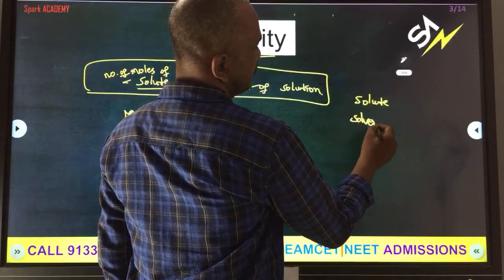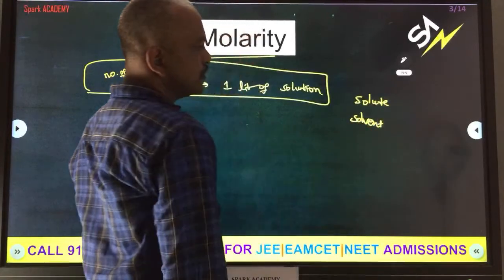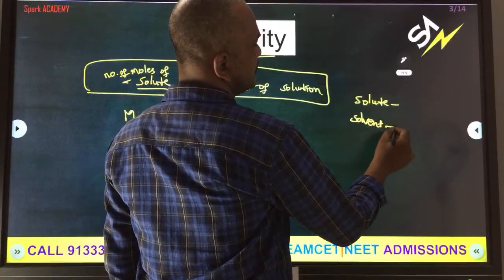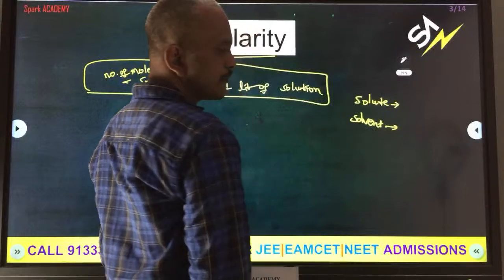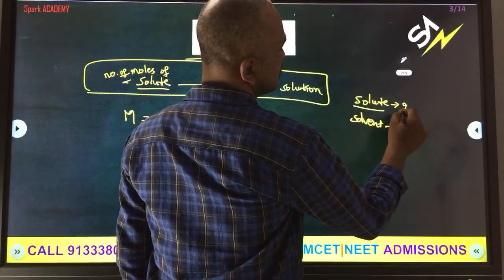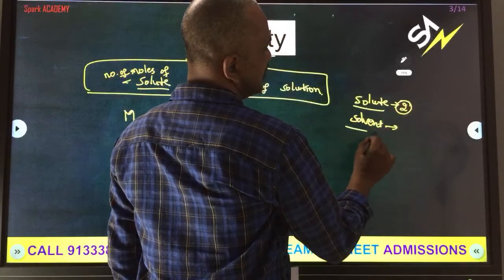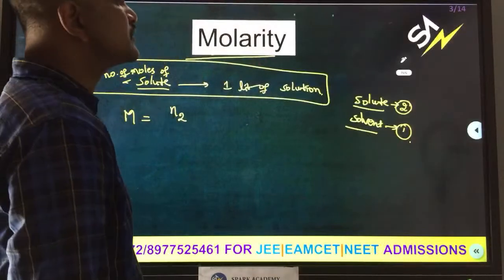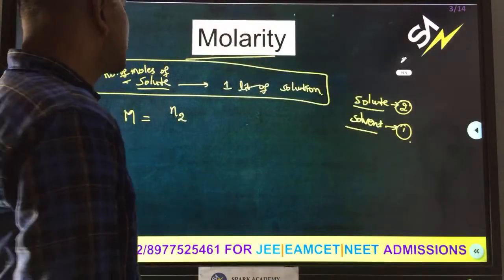Solute will be less in quantity. Solvent will be large in quantity. The solute is denoted with the second number, and the solvent with the first number. So this is the order.